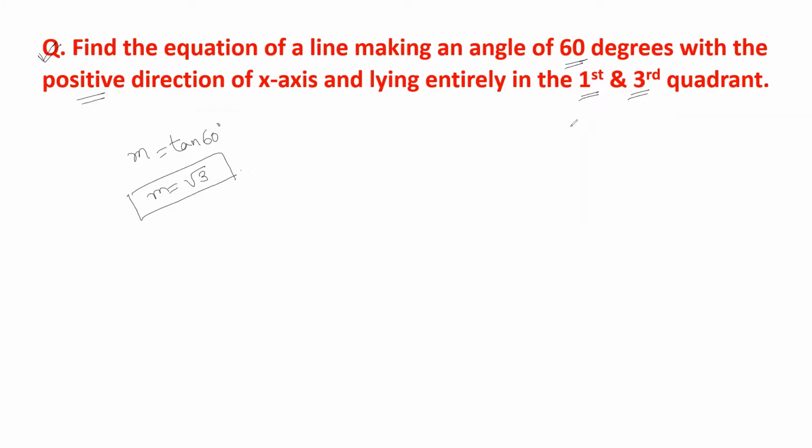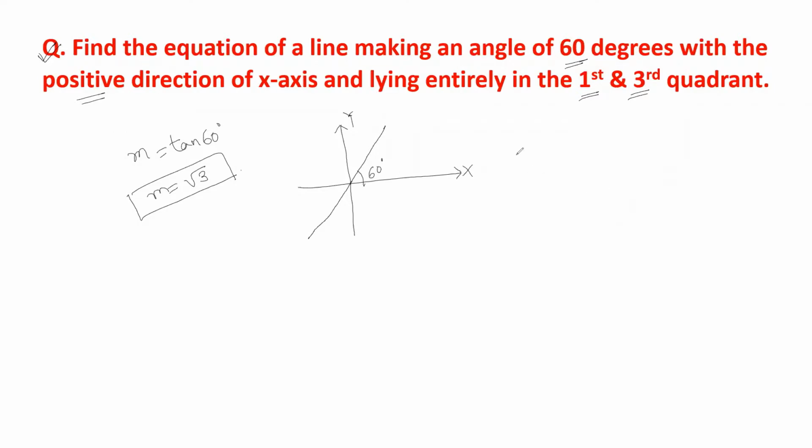Now, since this line is lying entirely in the first and third quadrant, this line would be passing through the origin, and the line would be somewhat like this, where this angle would be 60 degrees.